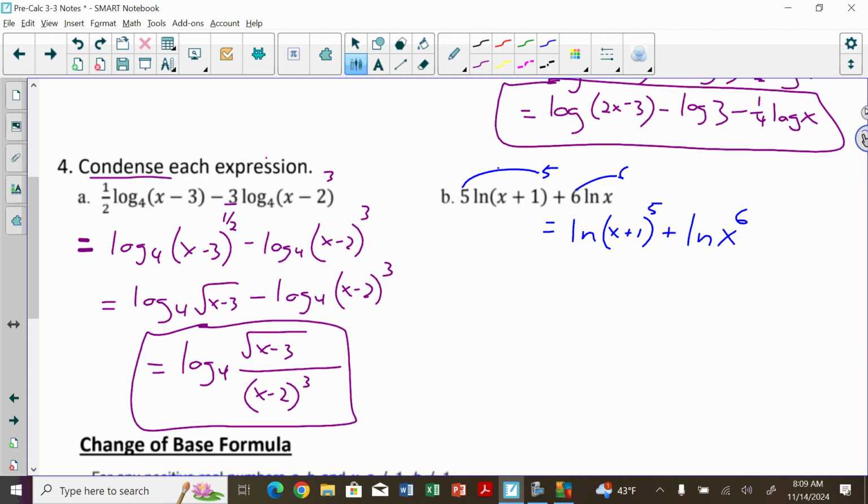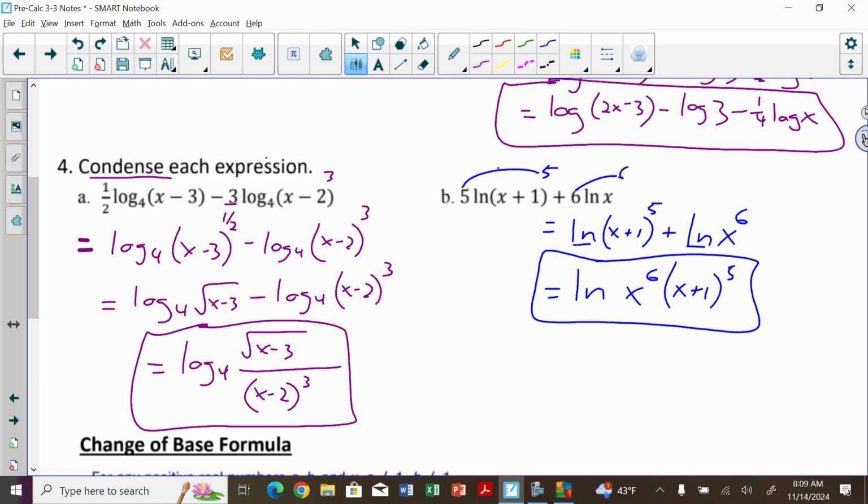Now, because it's an addition and they're both natural logs, I can say natural logarithm of x to the 6th times (x plus 1) to the 5th power. That's as far as I can go, but I've put them as a product.